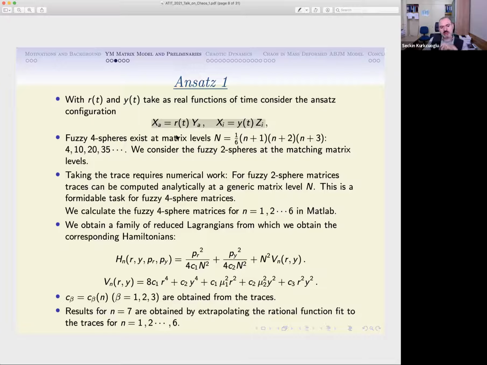So one has to resort to numerical means, in particular MATLAB and Mathematica, and take small n running from 1 to 6. This is reasonable enough, because if you run small n from 1 to 6, you get quite large matrix sizes in terms of the capital N here.